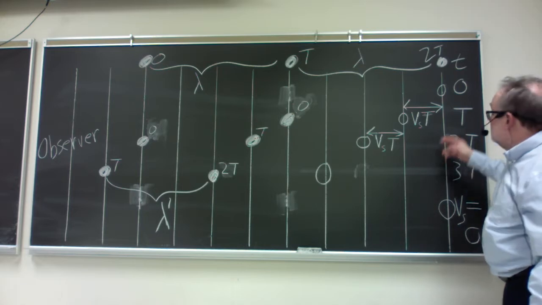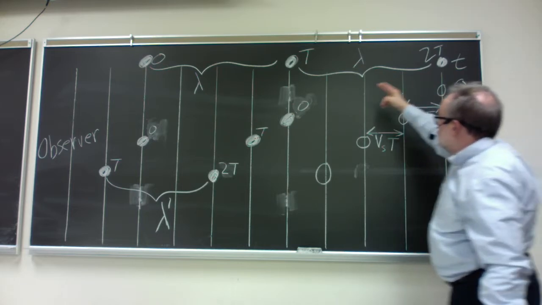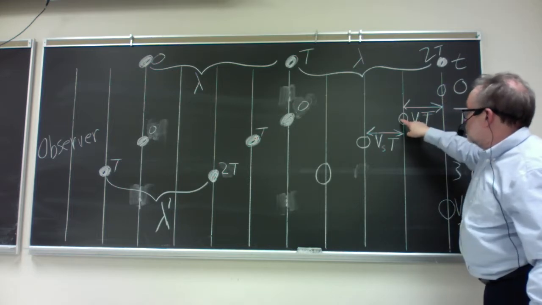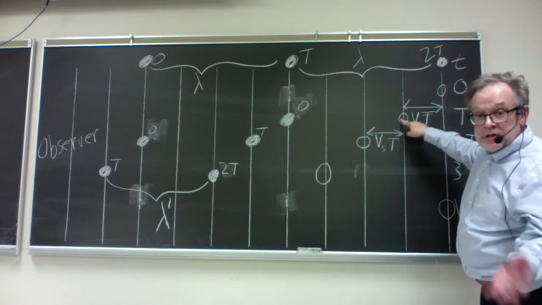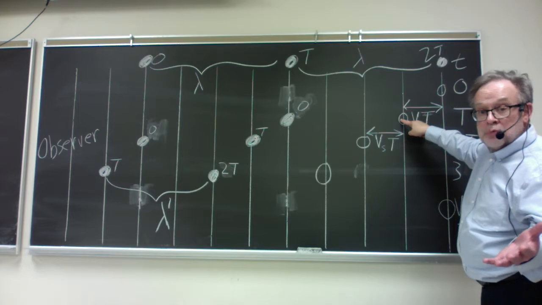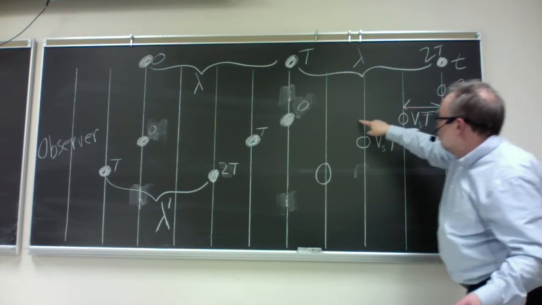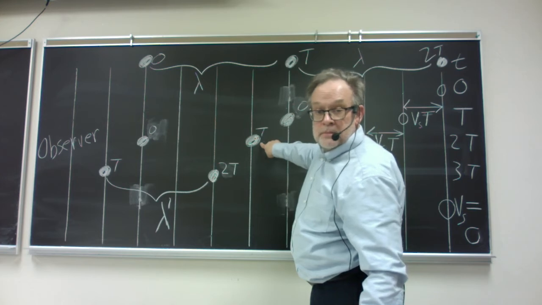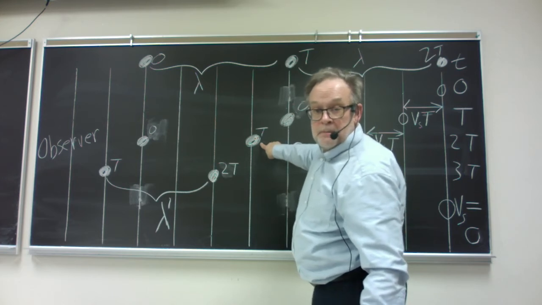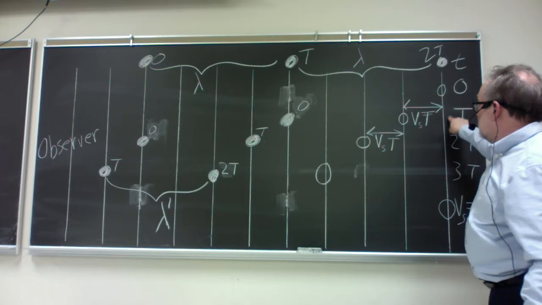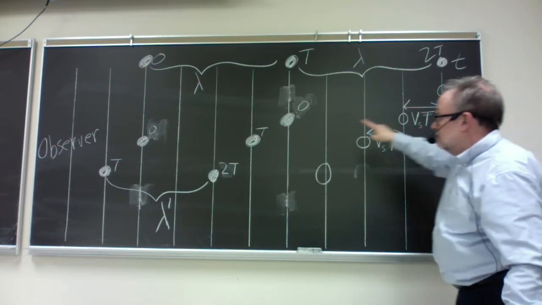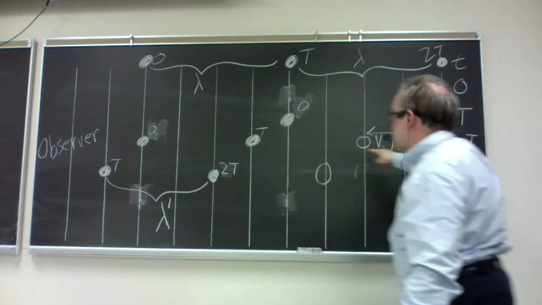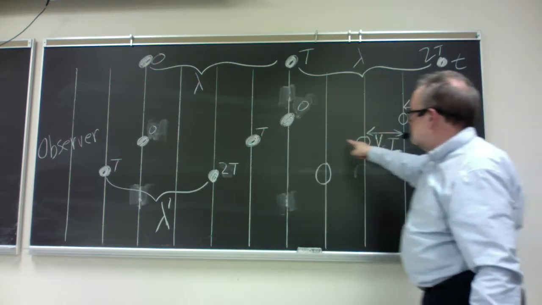The first pulse was emitted here, and then it moved 1, 2, 3, 4 steps. The second pulse was emitted here, and since it goes at the same speed, it'll move 4 steps also. 1, 2, 3, 4. And here's where that pulse that was emitted at time t is now at time 2t.